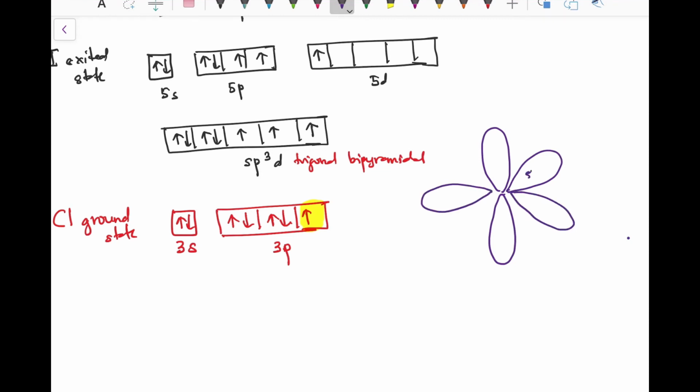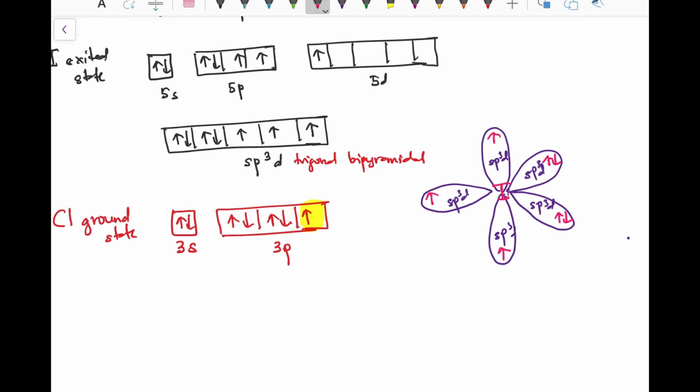So we need to label each as sp3d, and this orbital represents iodine. It has 2 lone pairs, and the lone pairs are supposed to be on the horizontal line, and for the vertical line we have 1.